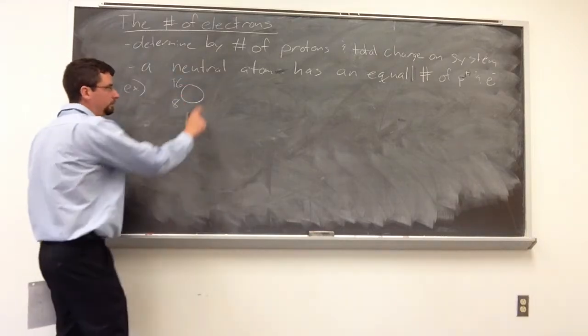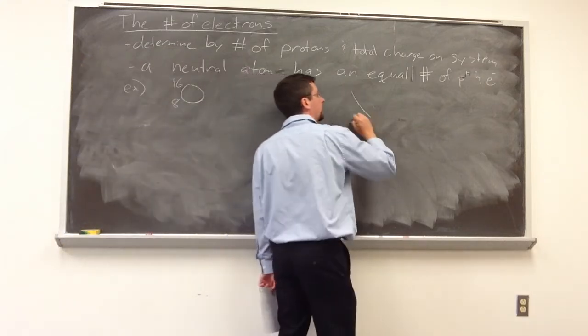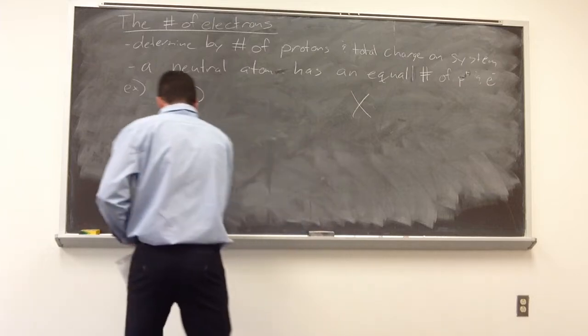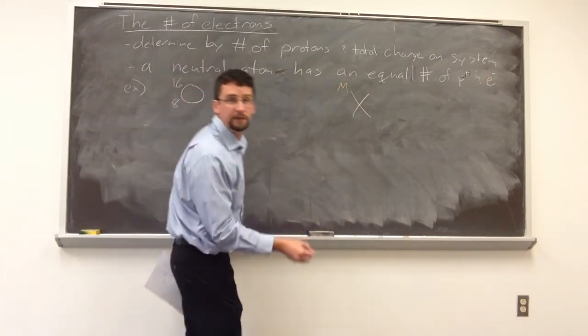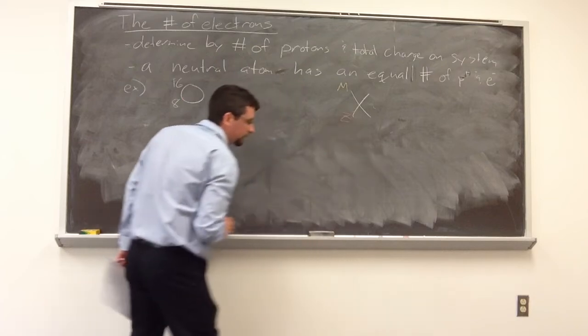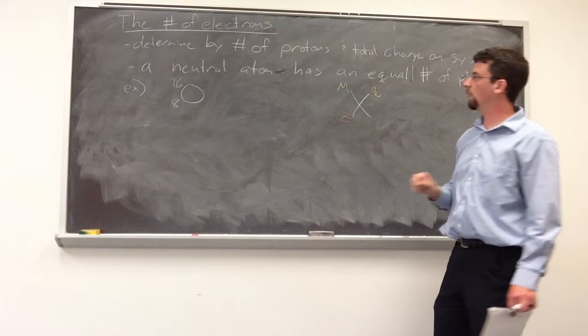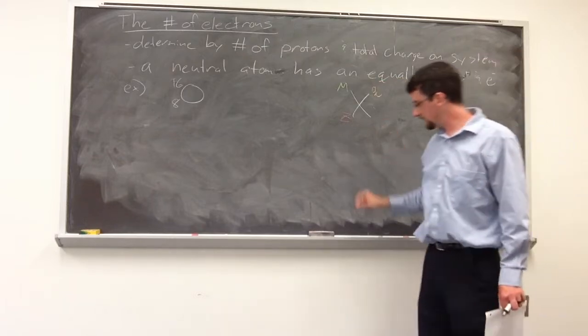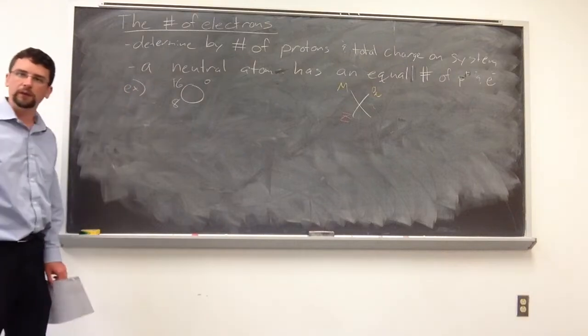O16 with 8, the charge is typically indicated over here. So if we were looking generically, we would have X, we would have that mass number up top, we'd have that atomic number in the bottom left, and then we would have Q, the overall charge. In this case, nothing's written there, so that implies that we have a 0 there.